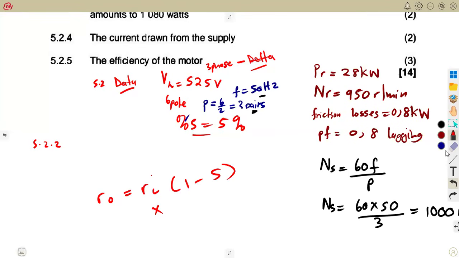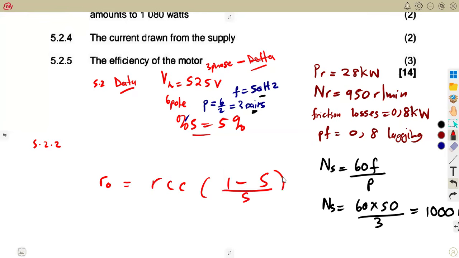But we do not have the rotor input, so this cannot work. Also, the rotor output is equal to the rotor copper loss times (1 minus S) over S, where S is the slip. This can work because we need the rotor copper loss and we have the rotor output. Remember the rotor output, PR, is there.